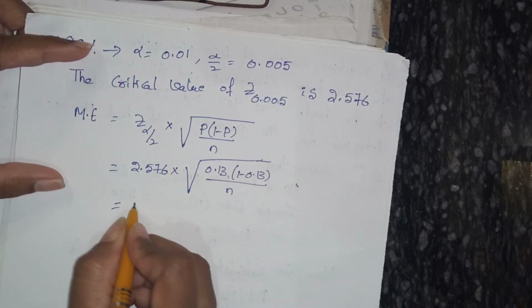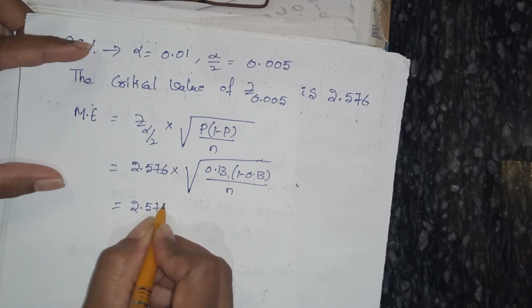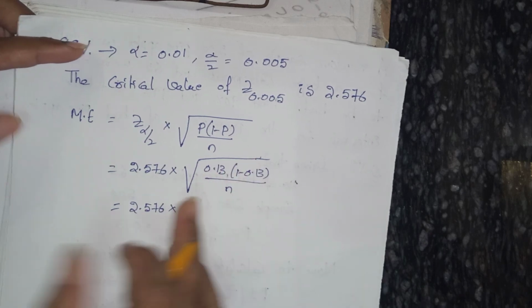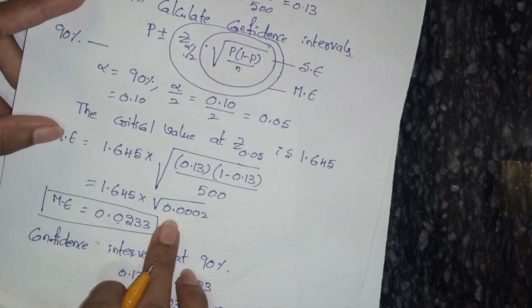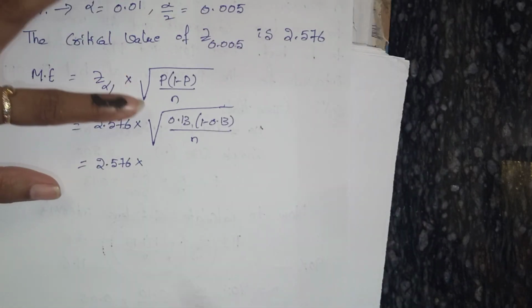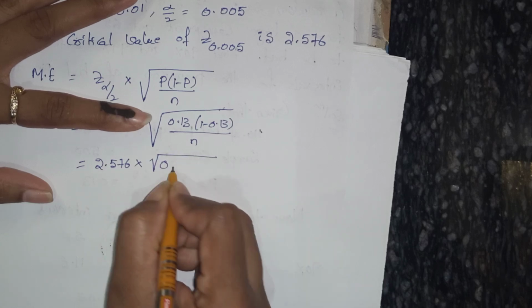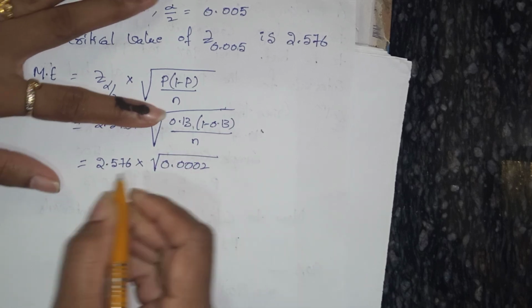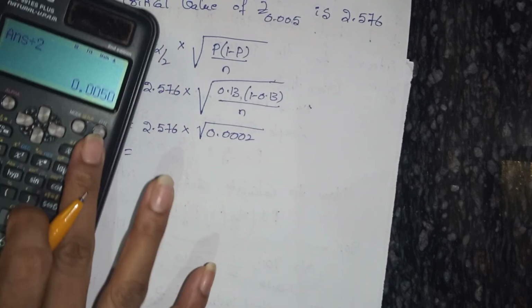So 2.576 into, we already calculated this previously, the square root of 0.0002. That equals 2.576 into the square root of 0.0002.